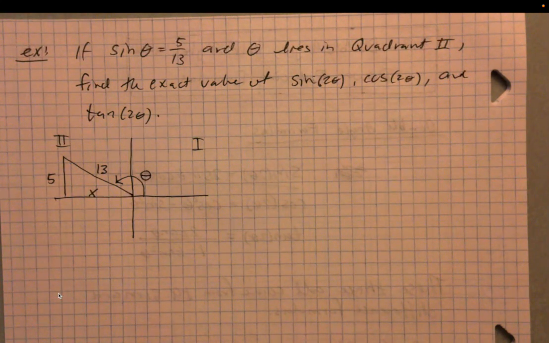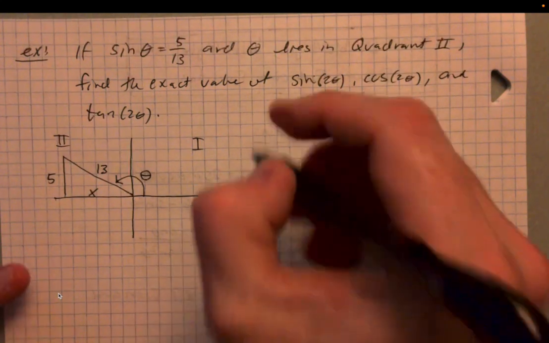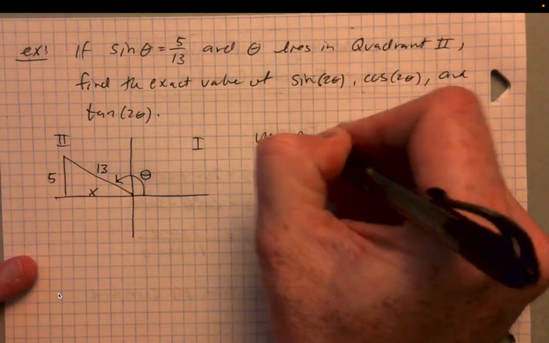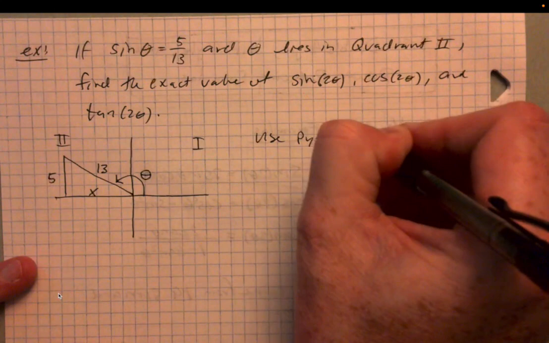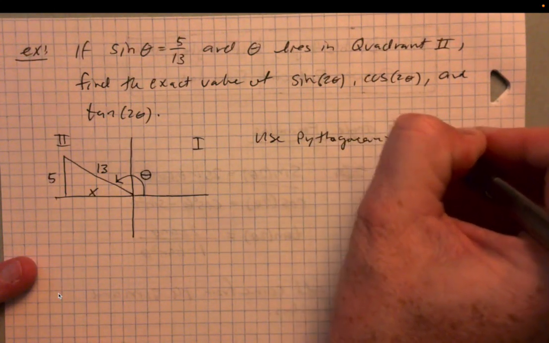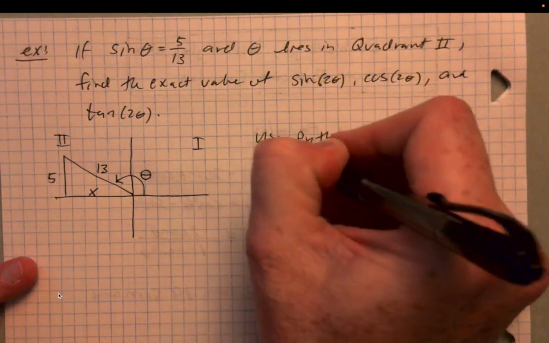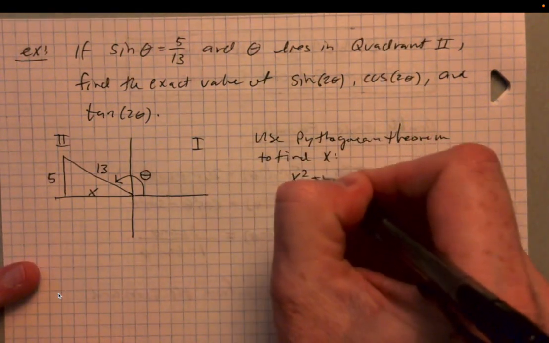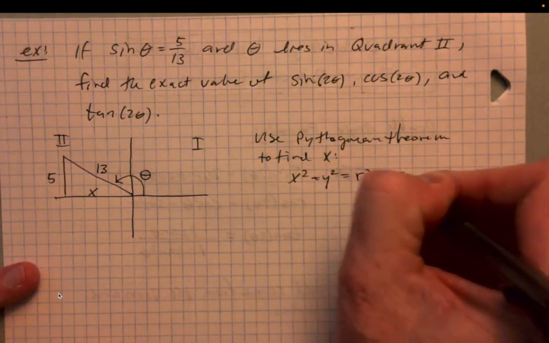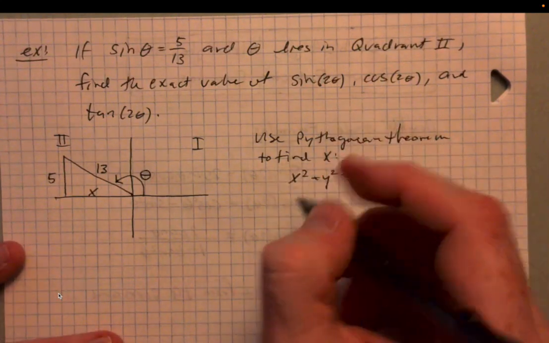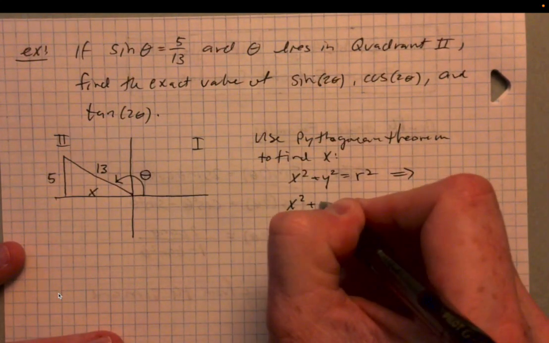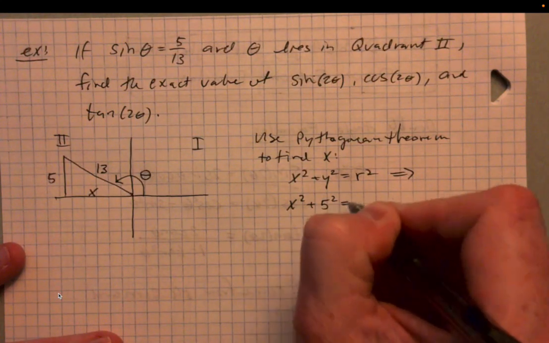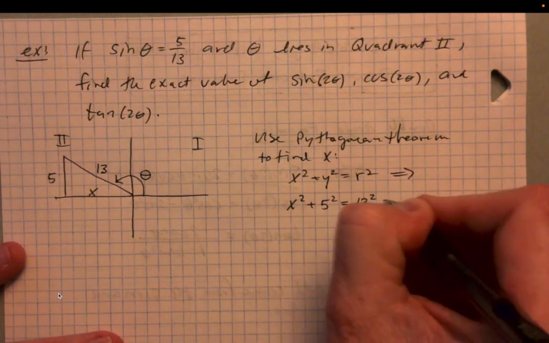Okay. Now, we can figure out what x is by using the Pythagorean theorem. So x squared plus y squared equals r squared. In this case, x squared plus 5 squared equals 13 squared.